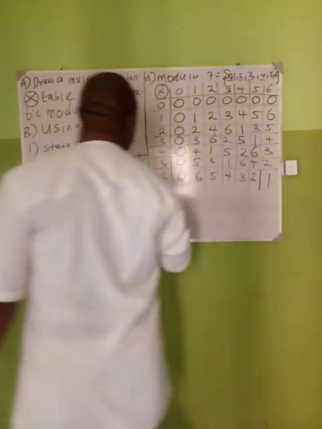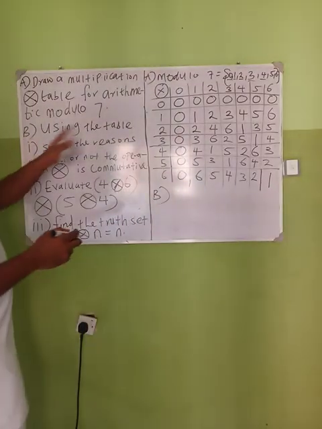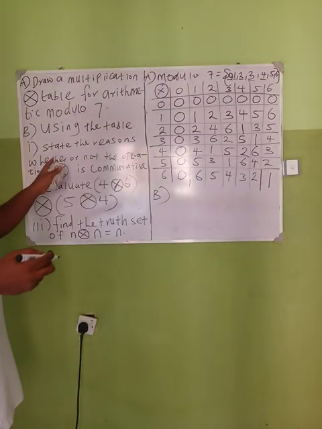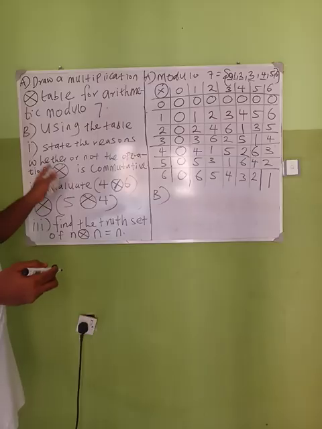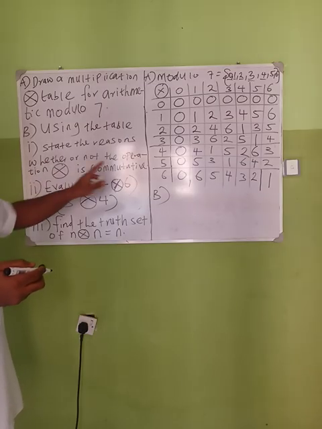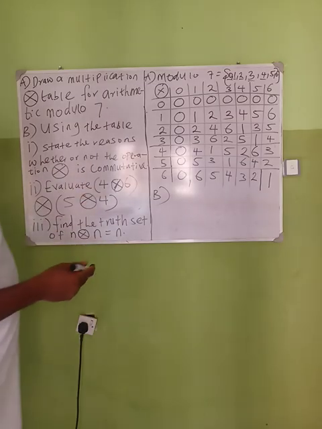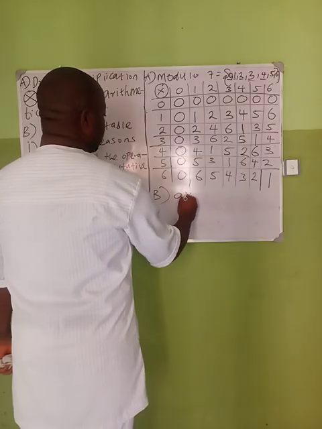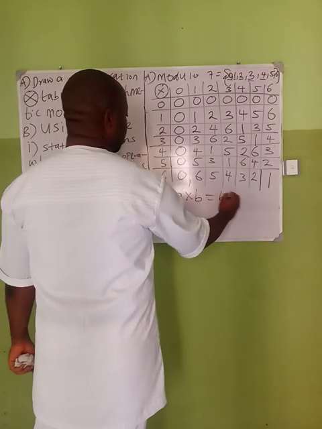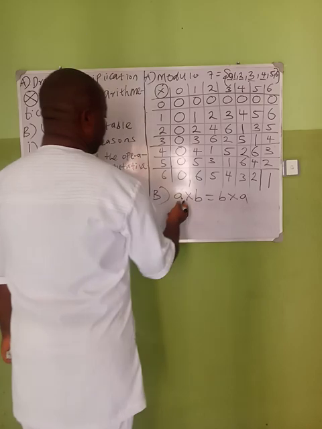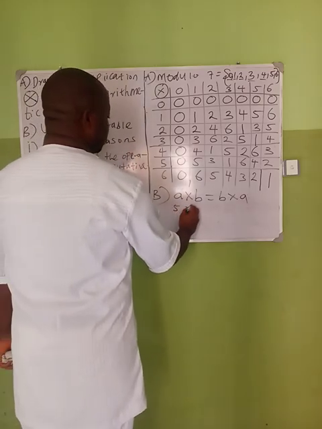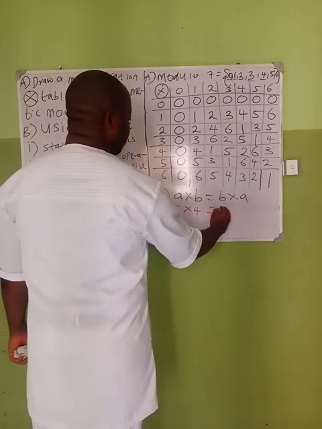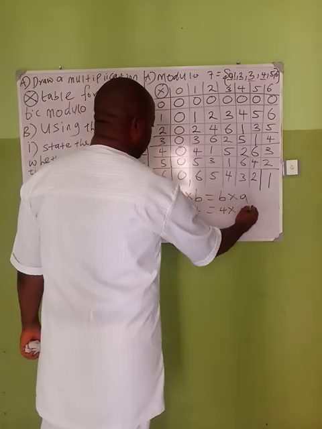So B says, using the table, state the reasons whether or not the operation multiplication is commutative. For something to be commutative, the law states that A times B should be equal to B times A. For example, if A is 5 and B is 4, 5 times 4 is definitely equal to 4 times 5.